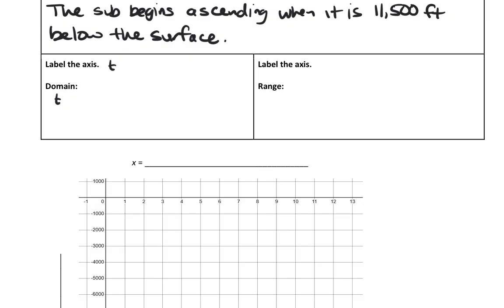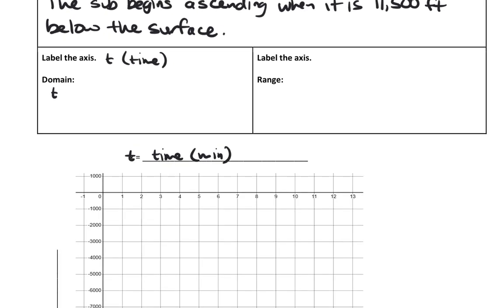So x is actually t, and that's time in minutes. And the other axis is height, or what did we call it? Yeah, height. We did call it height. So it's height or depth, right? We'll call it depth in feet.